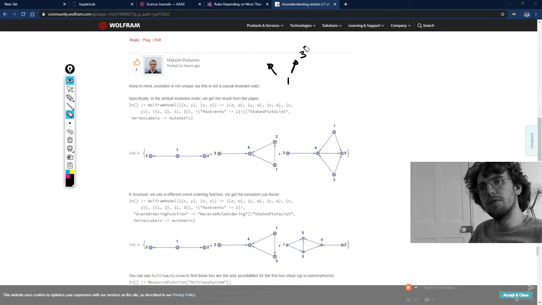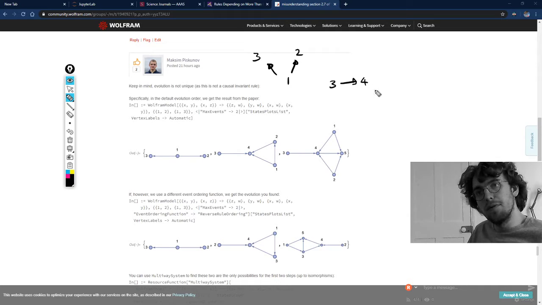Swap those round so we can call this 3, 2. 3 goes to 4. 1 goes to 4. 1 goes to 2. 2 goes to 4.